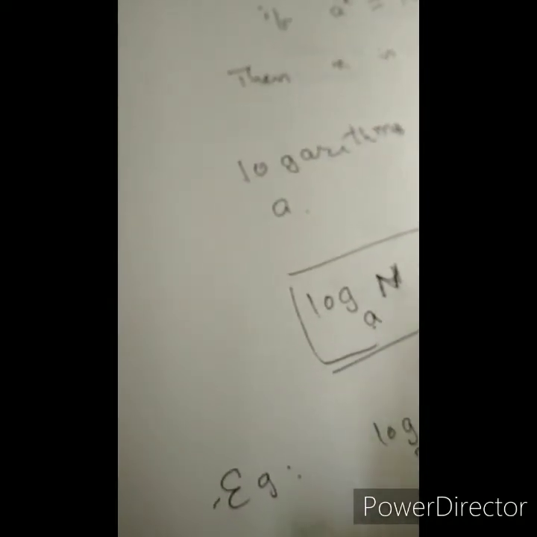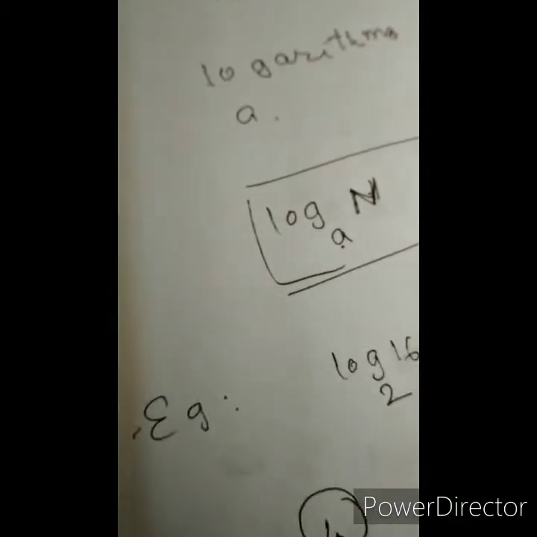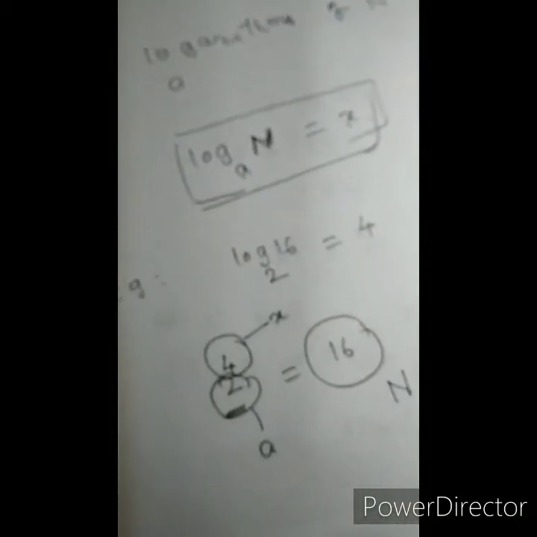So here the base is 2, x is 4 and n is 16. Here this is n, this is a, and this is x. So the above definition is satisfied.